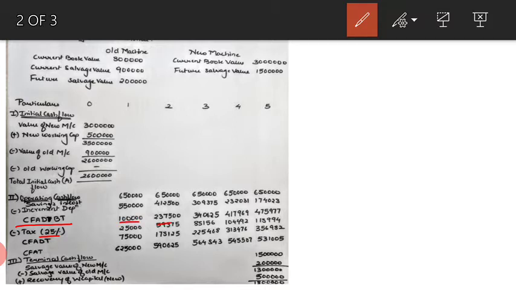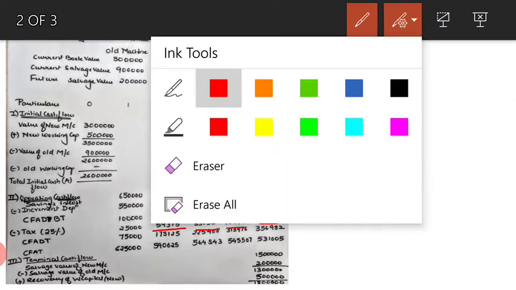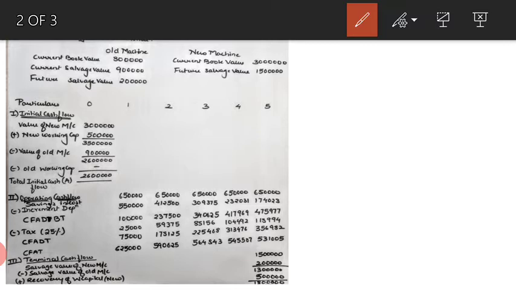That is 1 lakh, 2,37,500, 3,40,625 and so on. So 1 lakh into 25% is 25,000. 2,37,500 into 25% gives you 59,375. 3,40,625 into 25% gives you 85,156 and so on. You get the tax.